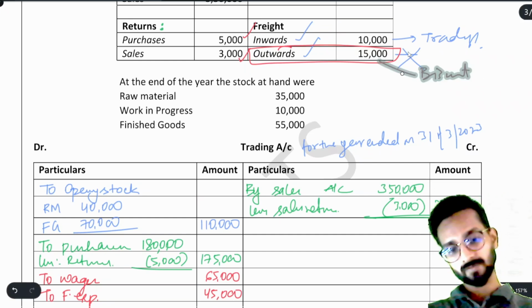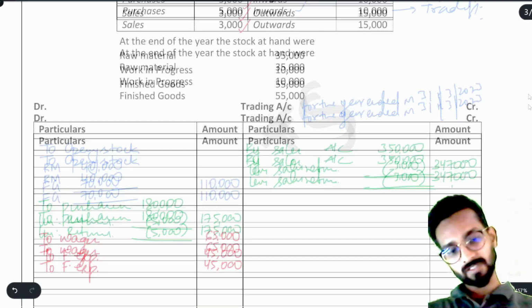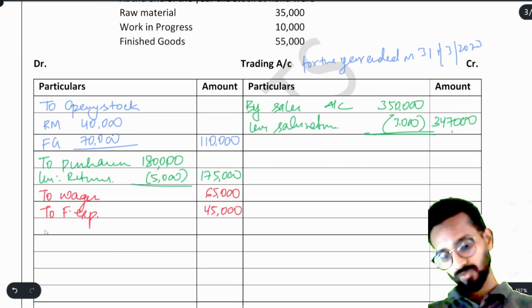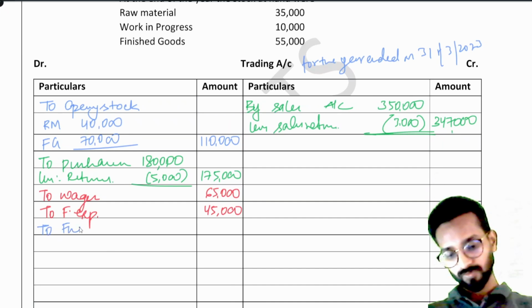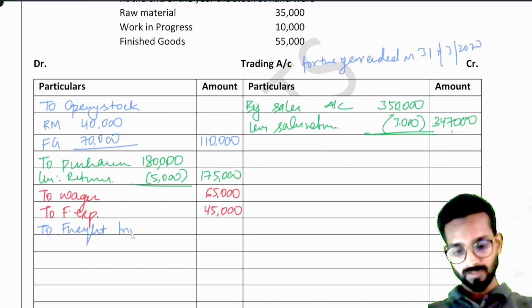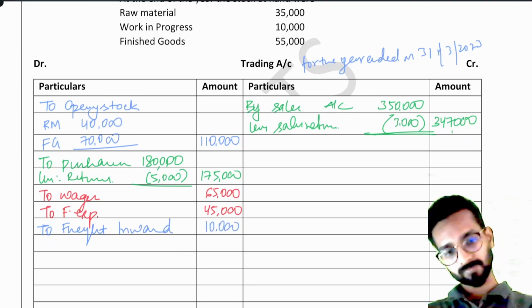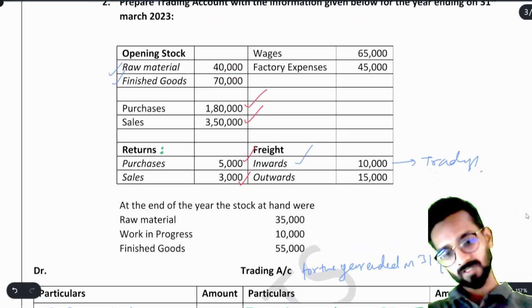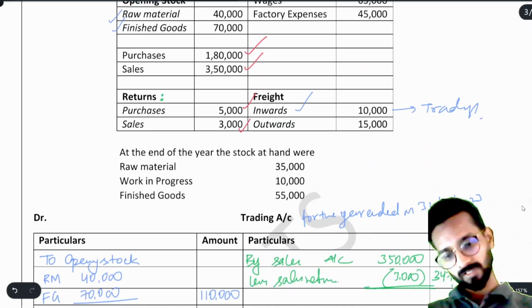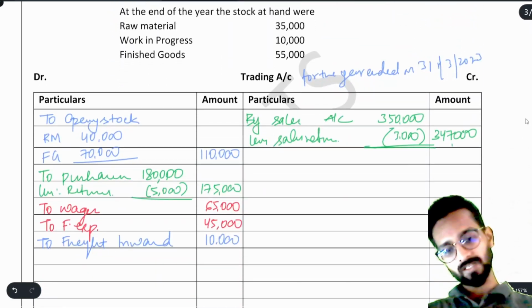Now after this, freight inwards is 10,000. So you will write here to freight inwards 10,000. After that, check if we have left any information. 10,000 is done, returns are done. At the end of the year, the stock at hand were okay. So now they are talking about closing stock.